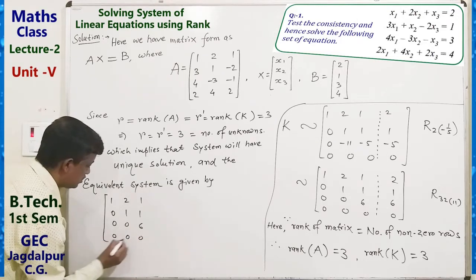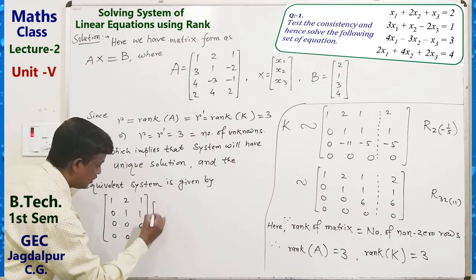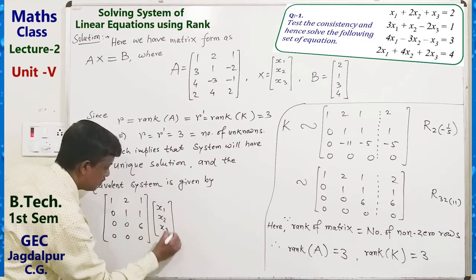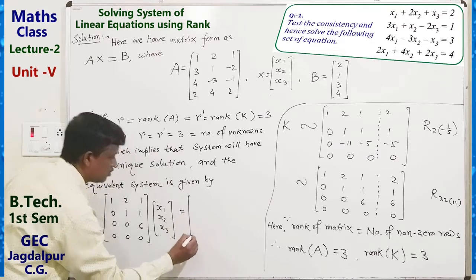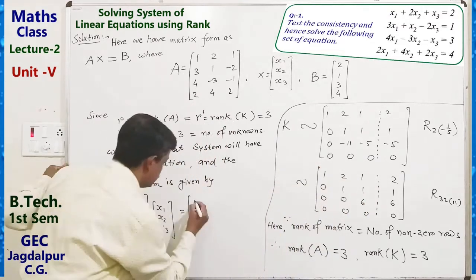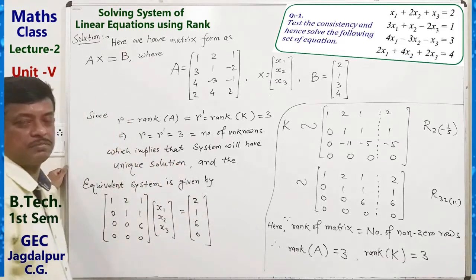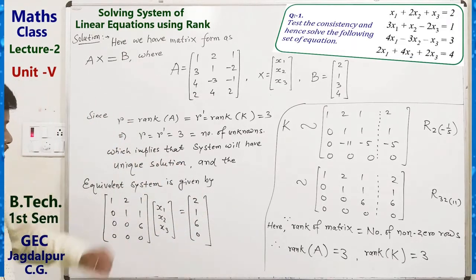This is the equivalent system. Here x1, x2, x3 equals 2 1 6 0. This is the equivalent system. And from here we can write the equations.